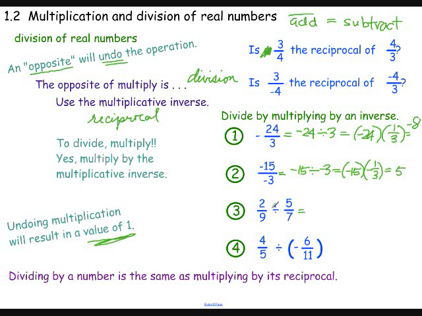Let's try this one. Here it's already written as a division. Now, hint, if we were adding and subtracting, we'd be in trouble right now because we wouldn't have like numbers. This is very nice about multiplication. We don't have to have like numbers for multiplication.